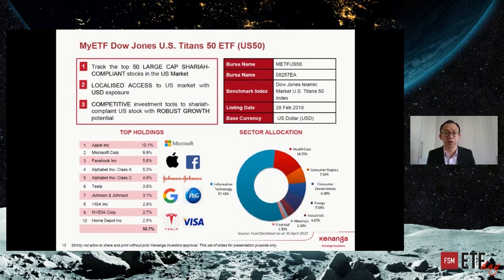You need to do a lot of homework, whether Apple is good, or what is the new rising star in the US listed space, like recently what is hot, that you want to put in. As we all know, it is not so easy to do all this homework, and the access itself is a little bit difficult. So therefore, we have this US 50 ETF.